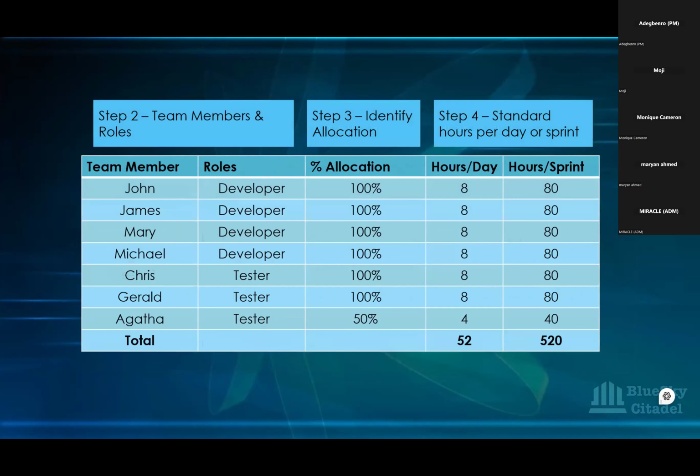Step 2 is to have the names of your team members and their roles. Now, when you're planning capacity, you plan capacity for the developers and the testers. And why we're doing that is because they are the ones that are actually carrying out development work. Remember, your BAs, they've written the story. So they've written the requirements, they've written the acceptance criteria that the developers and the testers need to follow.